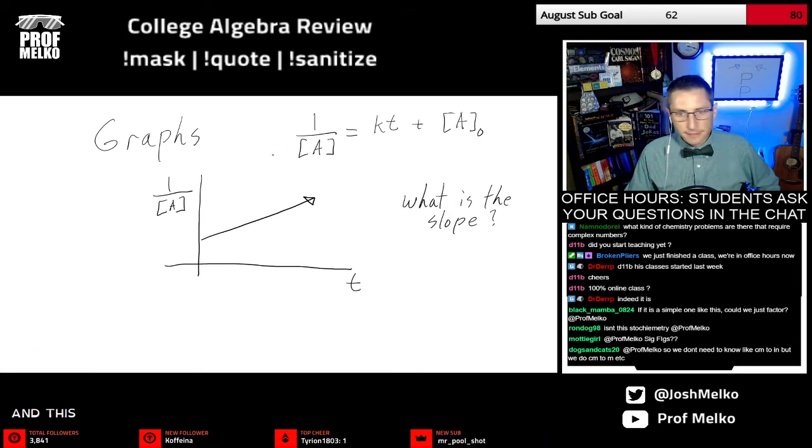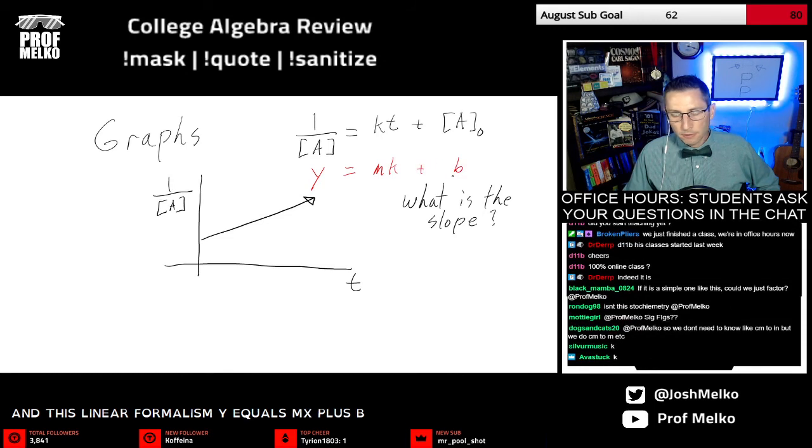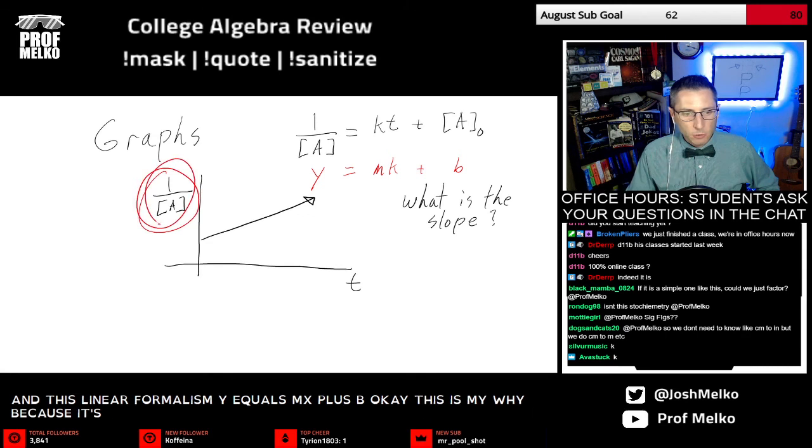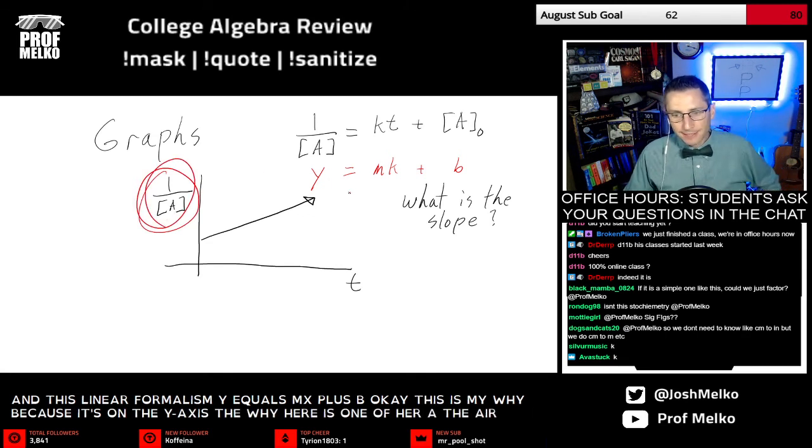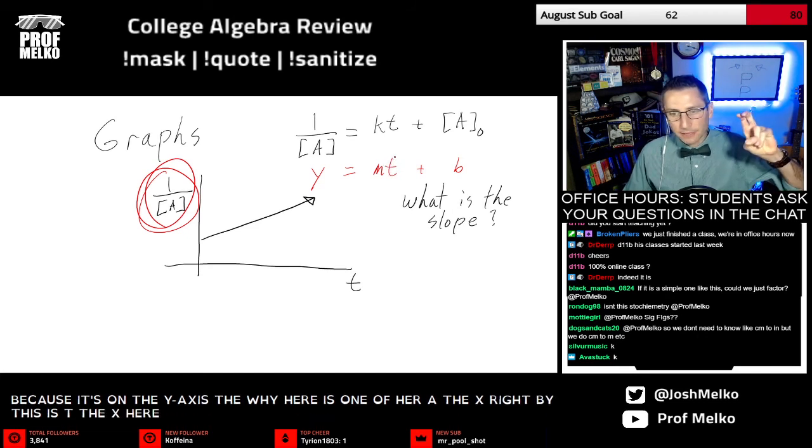And this linear formalism, y equals mx plus b. This is my y because it's on the y-axis. The y here is 1 over A. The x, sorry, this is t. The x here is t.